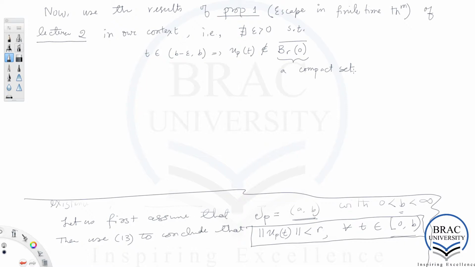So we will not find any epsilon so that whenever T belongs here, UP of T will not belong in this closure. It will never happen.